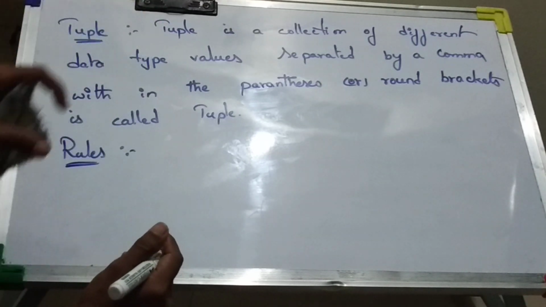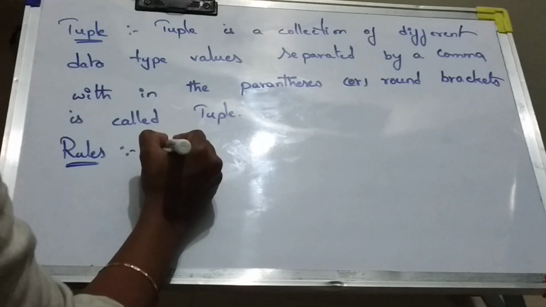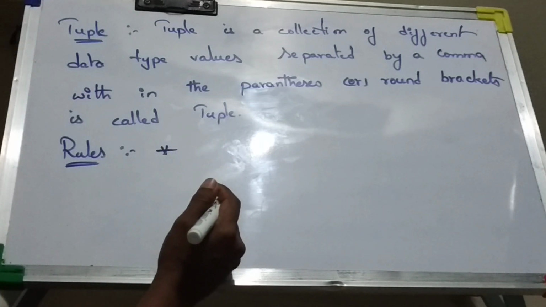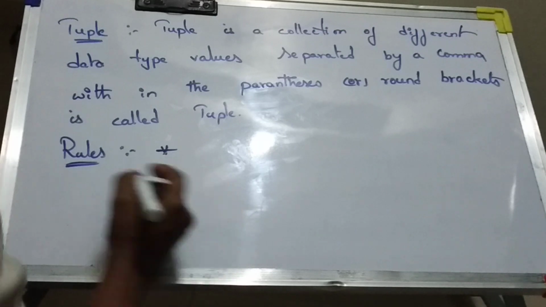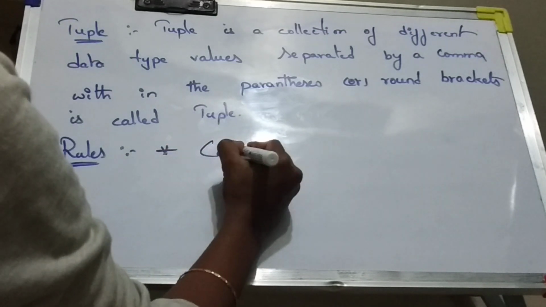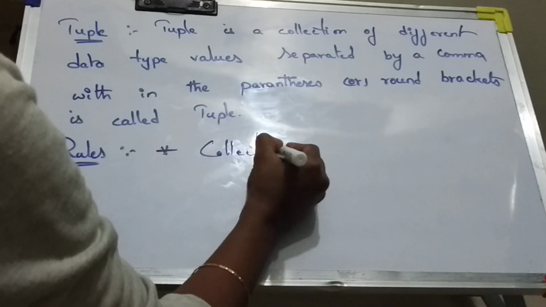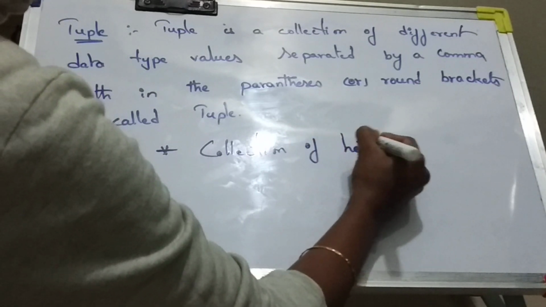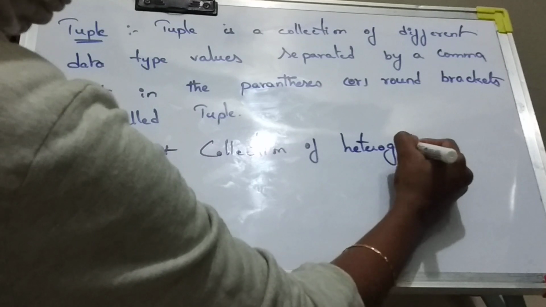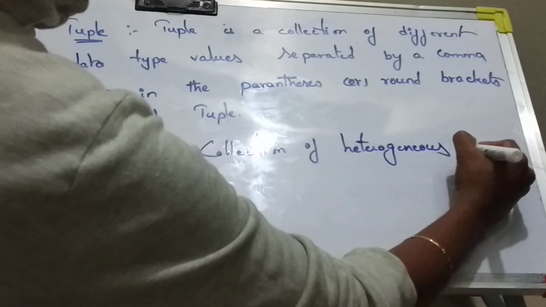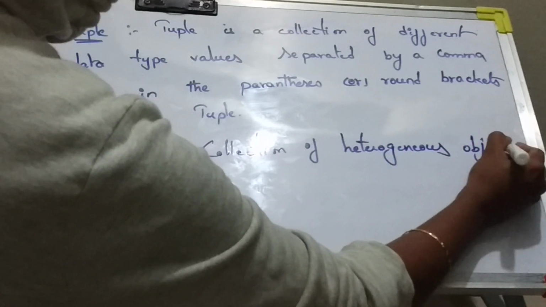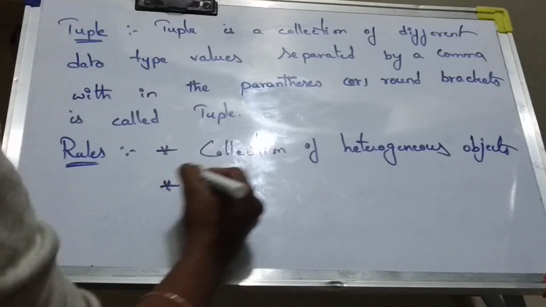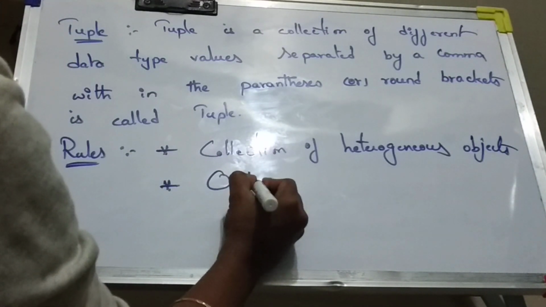This is the same: a collection of heterogeneous objects, meaning different data type values.